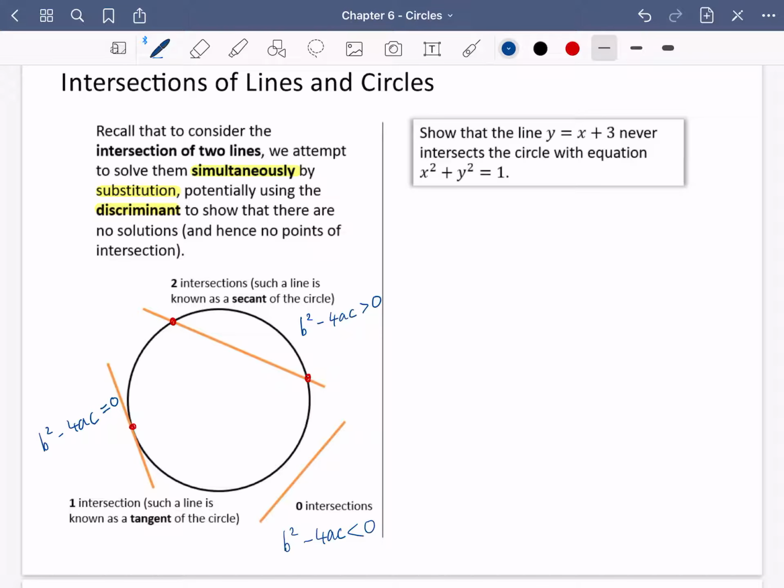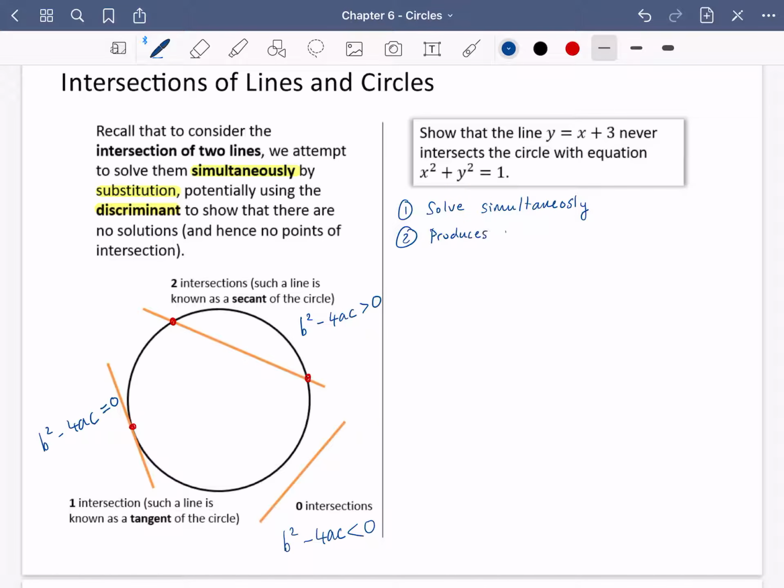So we've got: show that the line y equals x plus 3 never intersects the circle with equation x squared plus y squared equals 1. So the steps that we're going to do here is we are going to solve simultaneously, and that will produce a quadratic.